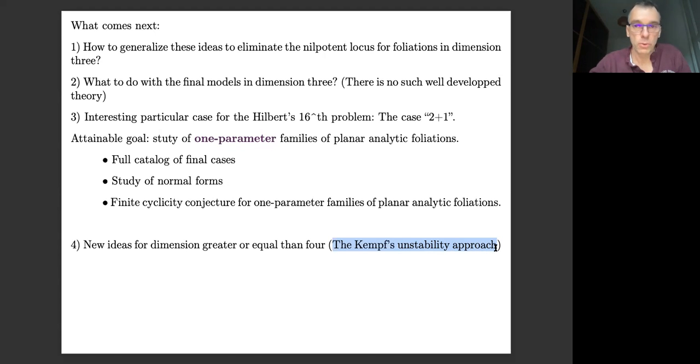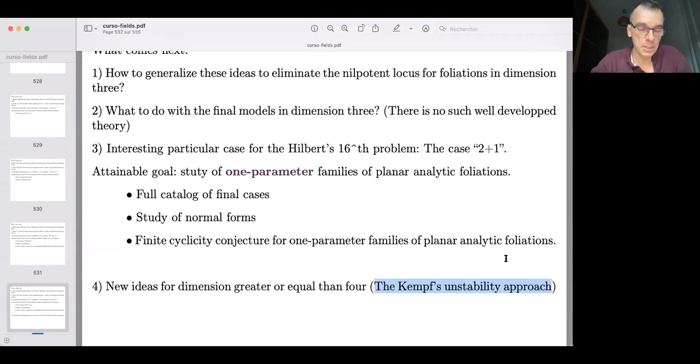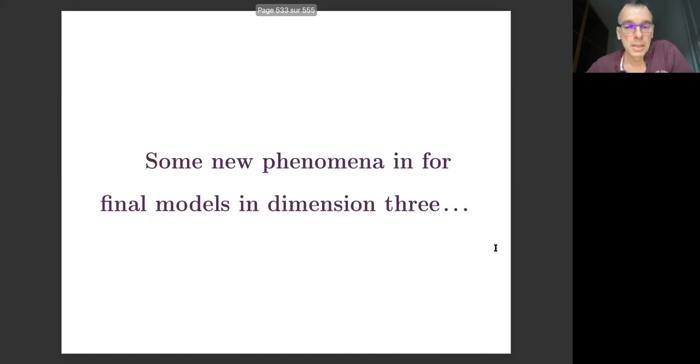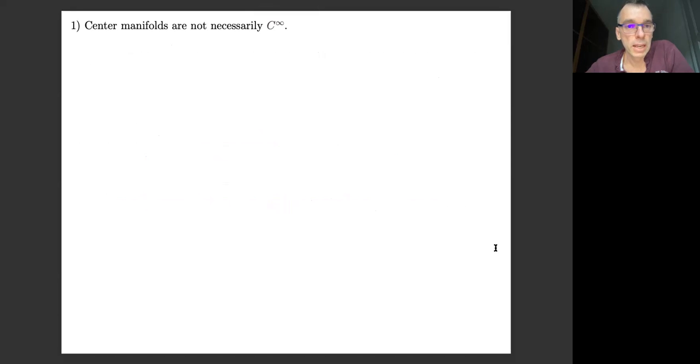I'd like to give you, in one minute, one example of an interesting phenomenon which can appear in vector fields in dimension 3. It's quite strange: center manifolds are not necessarily C infinity.